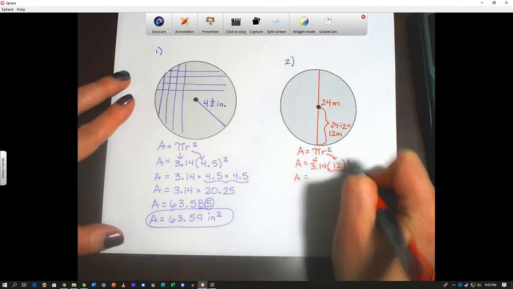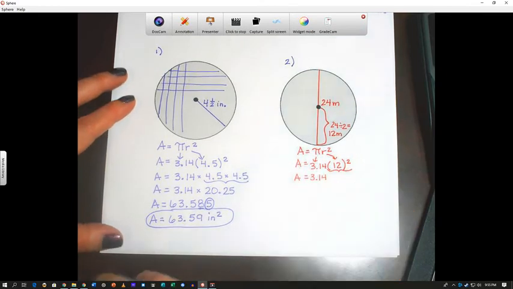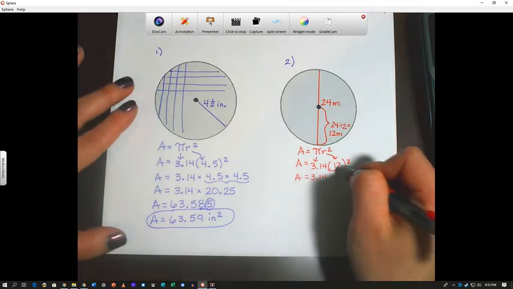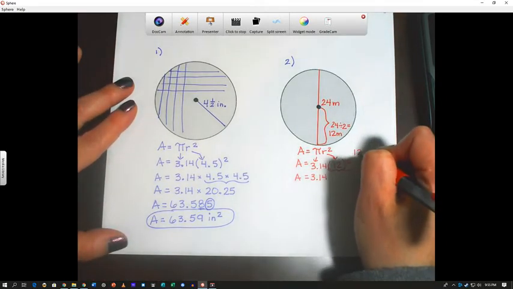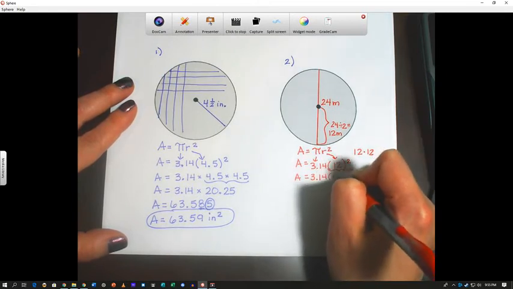We're going to do our exponents first. We evaluate the exponents before doing multiplication according to the order of operations. So 12 squared means 12 times 12, and that is 144.